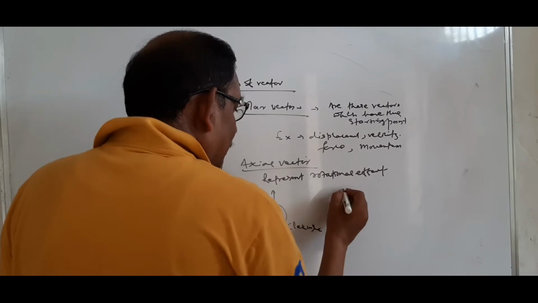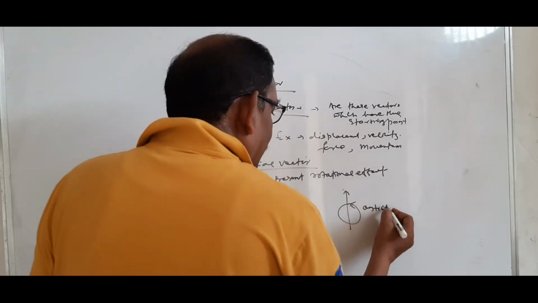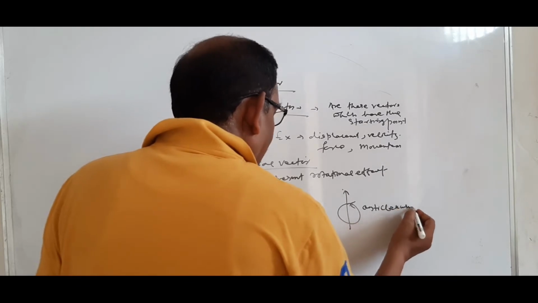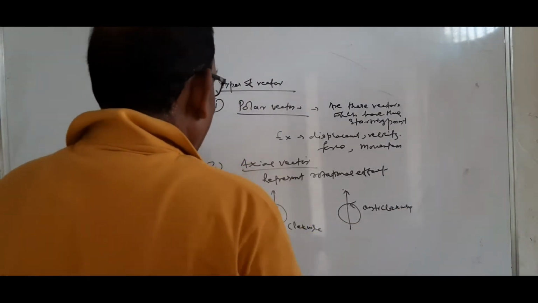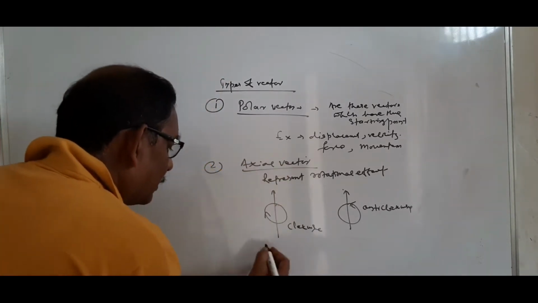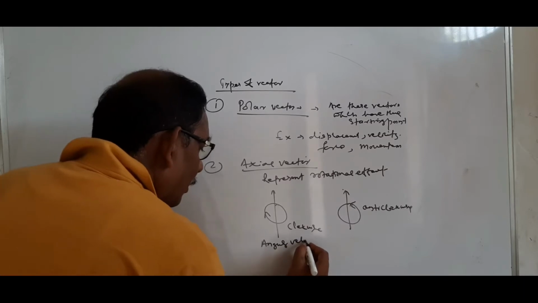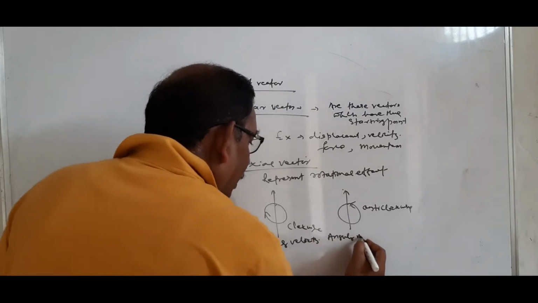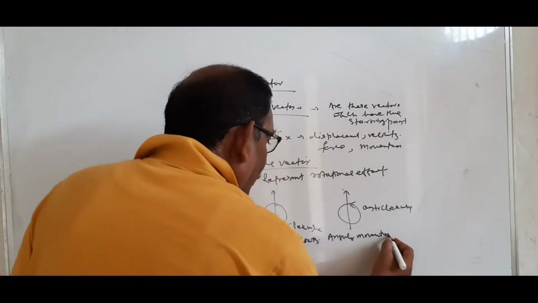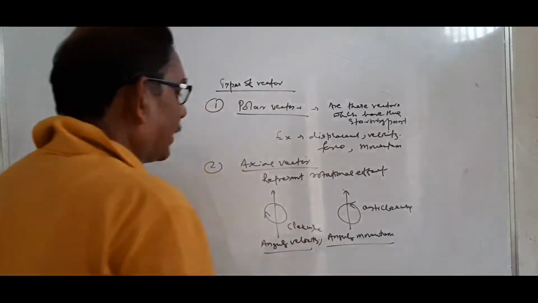The movement is like this, it is your anti-clockwise movement. So this is all about polar and axial. What are examples of axial vectors? Angular velocity, angular momentum. These are examples of axial vectors.